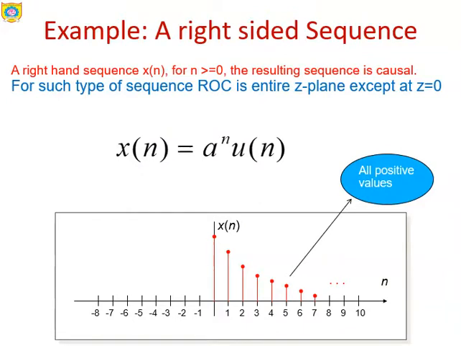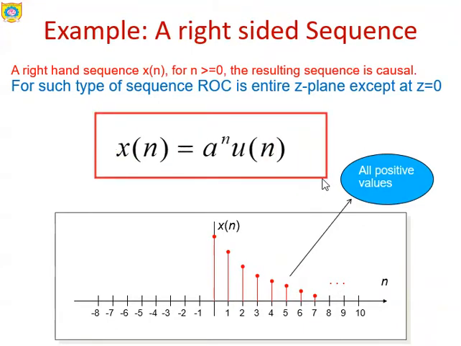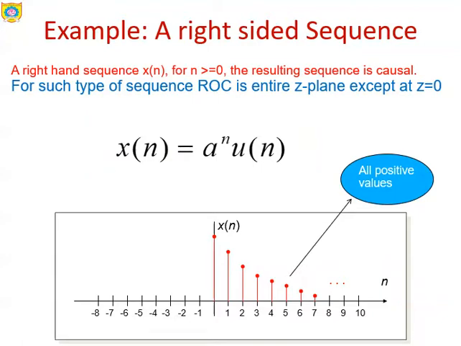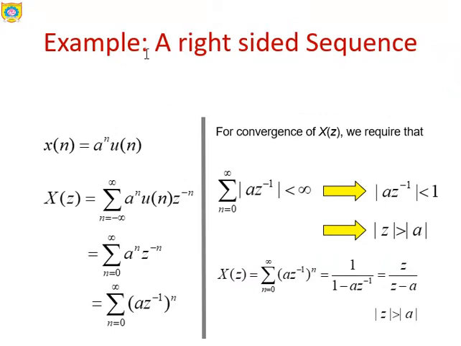Now let's consider the next part, to solve this particular equation. If someone wants to solve this equation for getting the Z transform, how can we proceed? Let's apply the definition of the Z transform. As we are in the same equation, x of n is equal to a raised to n u of n.